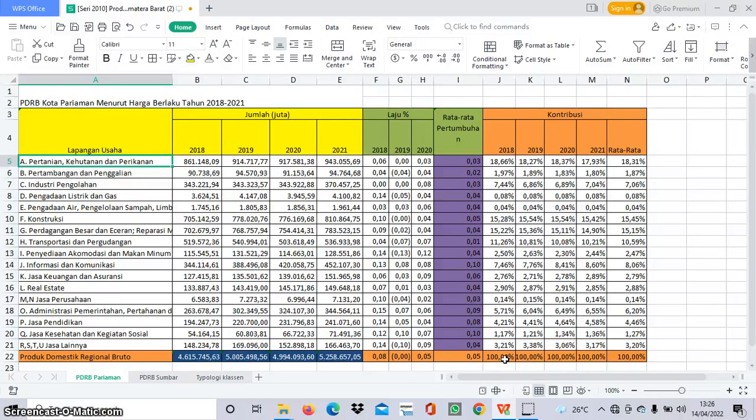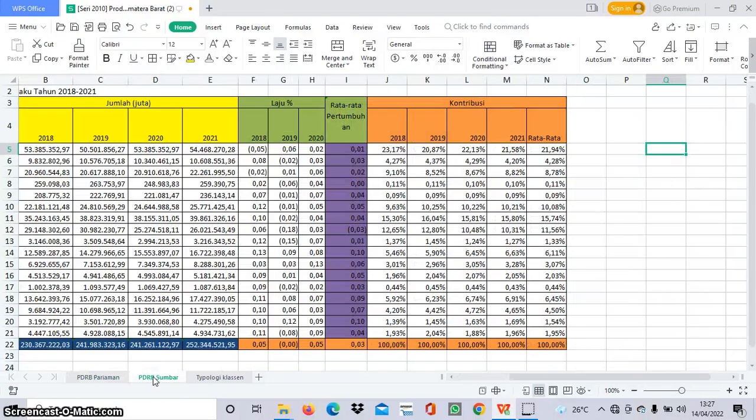Then we look for the average of the contribution, like looking for the previous average growth. Now, if the GDP of Pariaman has been completed, then we will do the same step for the GDP of West Sumatra and get results like this.